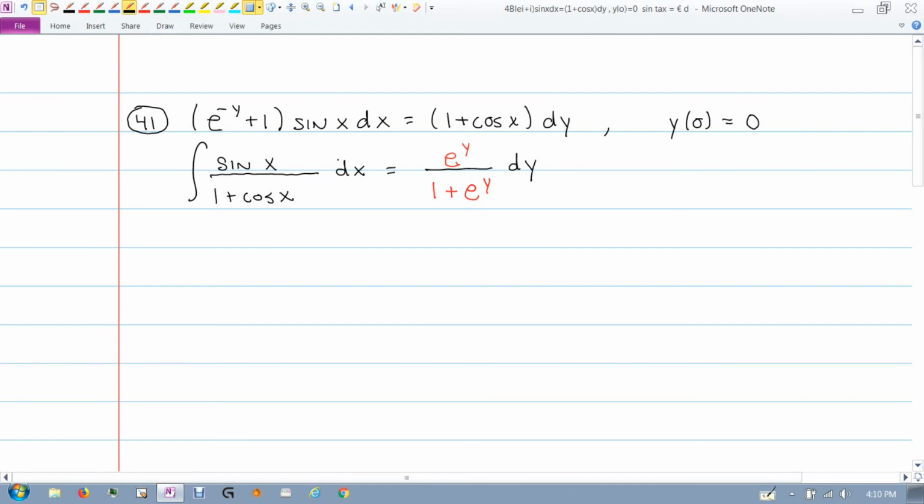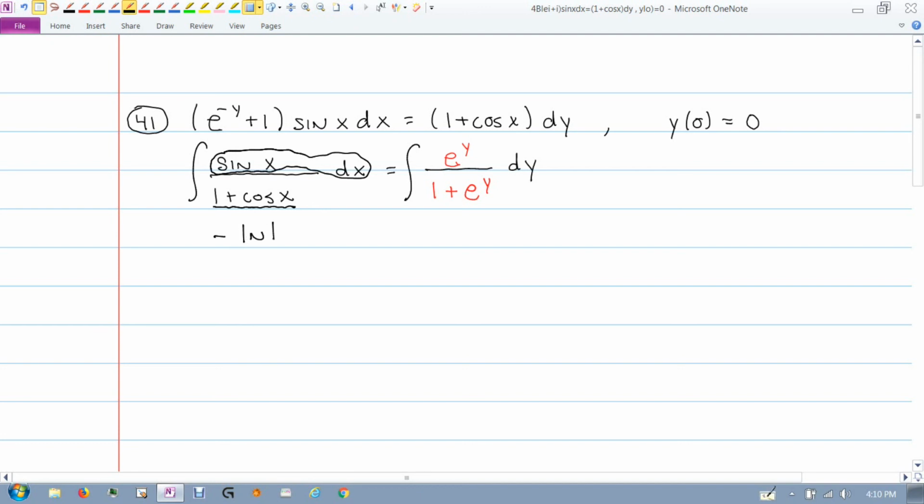So here comes the integration step. On the left side, I'm going to set this to be my u, just a basic u substitution. The derivative of it is up here. We're off by a sign, so I'm going to have to put a negative. And then I'd have 1 over u after I make that substitution.